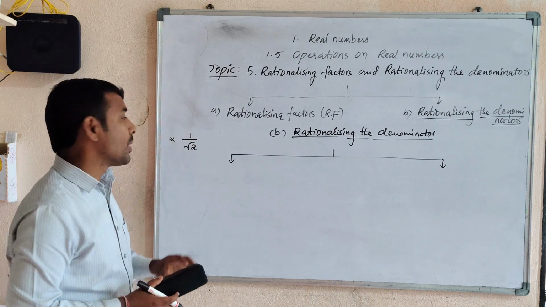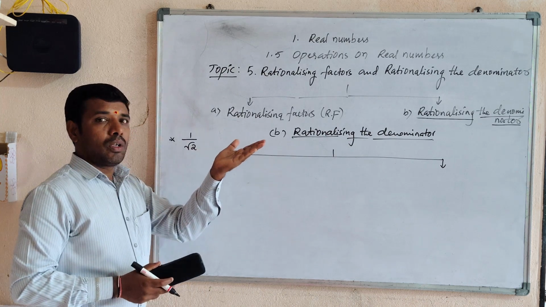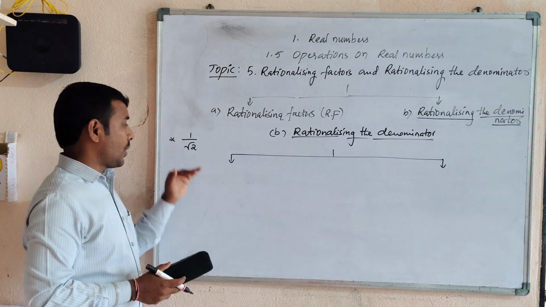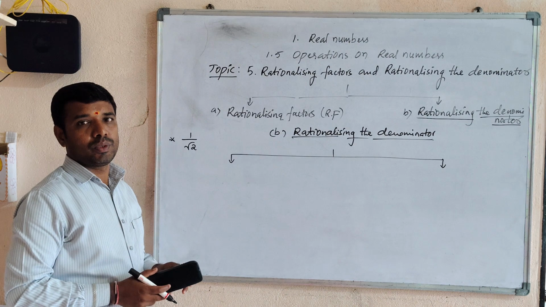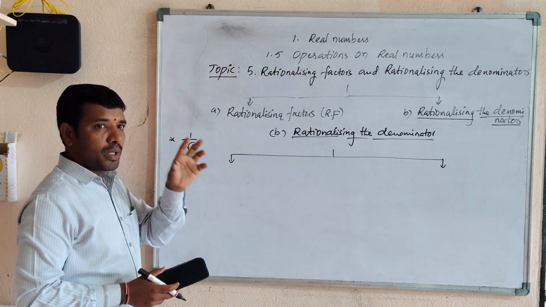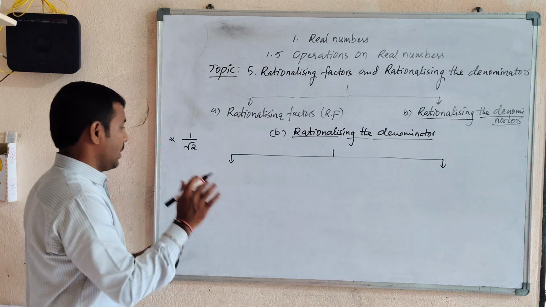Not possible, because of the square root in the denominator. Its value is a non-terminating, non-repeating decimal. First, we are unable to complete the denominator value. So how can we divide 1 by a particular unknown number?